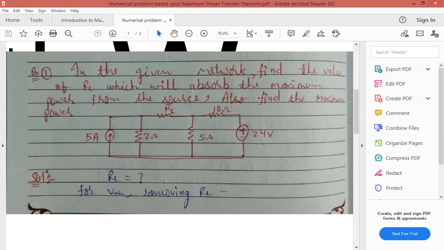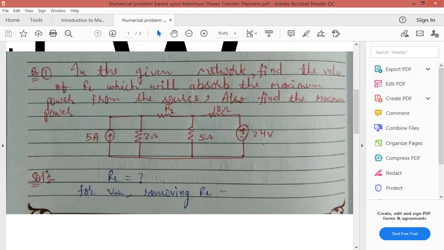Here we will use the steps which we used in Thevenin's theorem, because we know that at RTH equals RL, maximum power can flow through the load resistor.